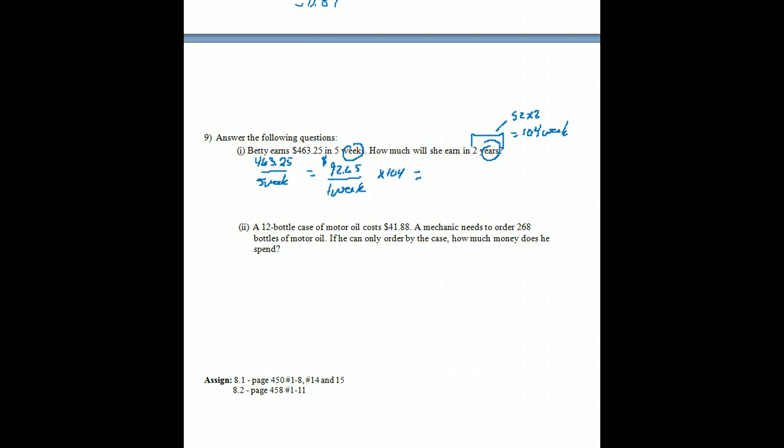So she would earn $9,635 and 60 cents. So when you're handling a question like this, you have to look at what your answer is going to need to be stated in. Here they want the cost for years, while we're only given weeks. So you have to draw that connection between weeks and years.